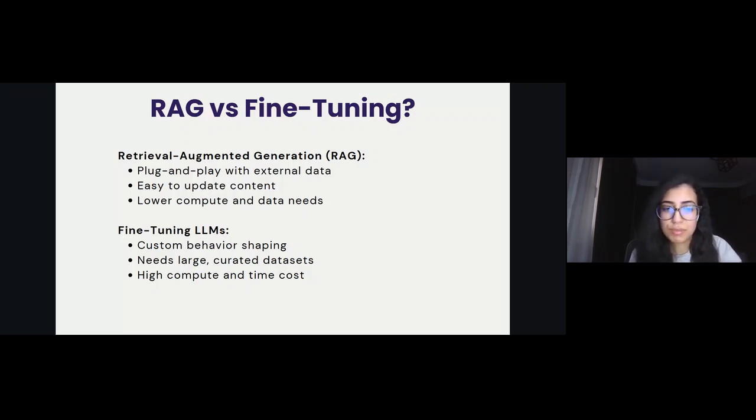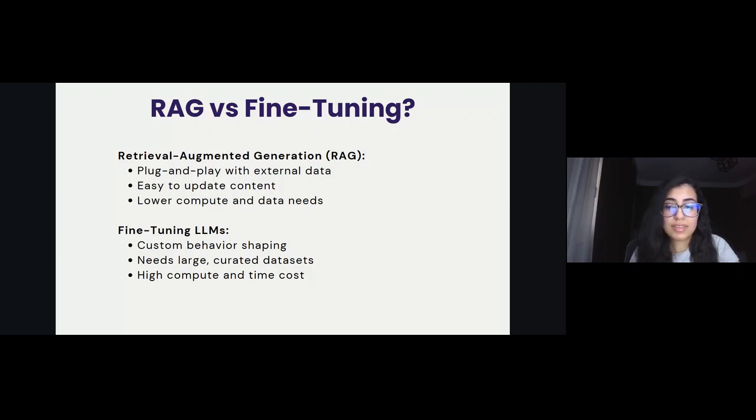It's much faster to implement, and it doesn't require massive amounts of data, because you're not training it. That means it is significantly more cost effective, both in terms of compute and time. Training models, especially large language models, uses a lot of resources and a lot of time, so you will save on resources and time.